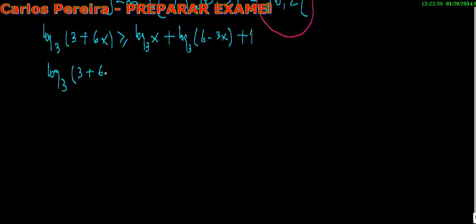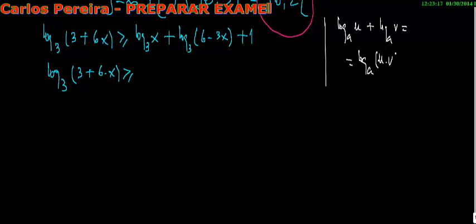plus 6 times x greater, and now you must remember a great property of the logarithms. If I have logarithm at base a, let us say u, plus logarithm at base a, let us say b, this is equals to logarithm at base a of u times b. Do you remember this property? So if I have here 1, I can transform 1 at a logarithm at base 3.